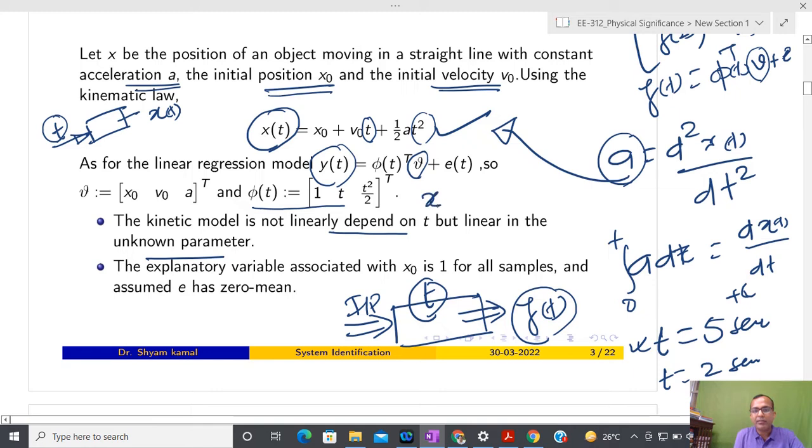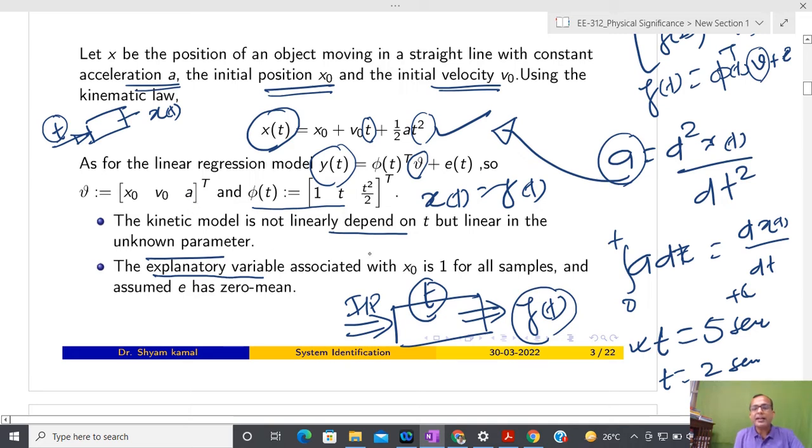I forgot to define this. This variable phi(t) explains how each component of this column vector has a certain weight, and due to that reason this variable is called the explanatory variable. It explains the weightage of x0, the weightage of v0, and the weightage of a with respect to time.